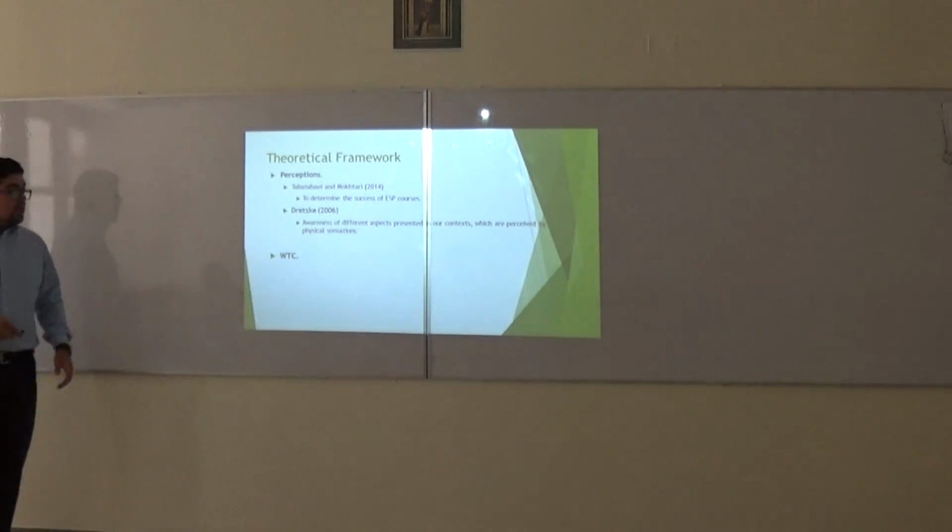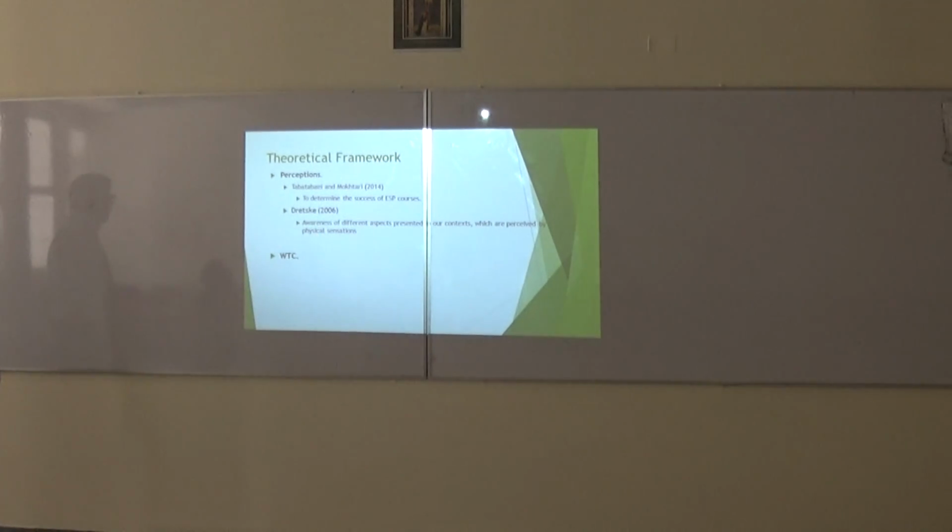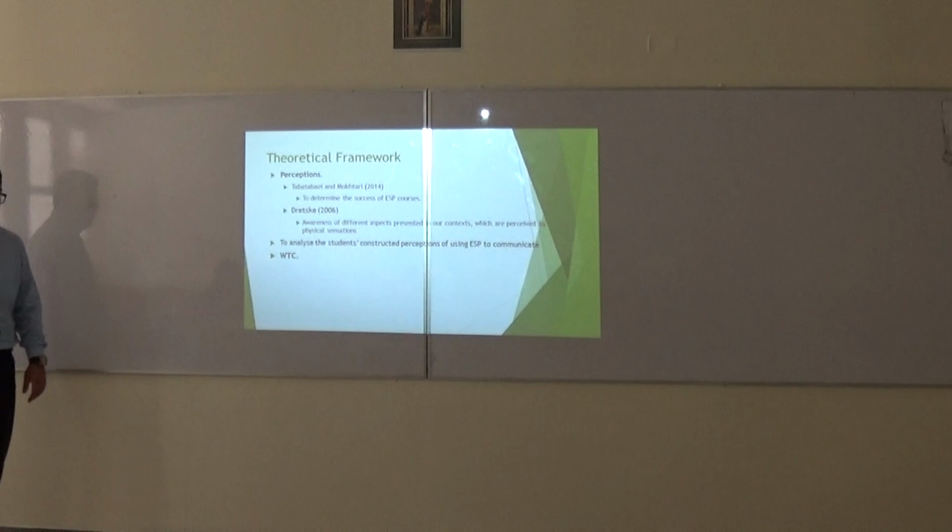But also, Leslie defined perception as a word of different aspects presented in our context, which are perceived by physical sensation. These are reflected in the specific objective, which is to analyze the student constructed perception of using ESP to communicate.